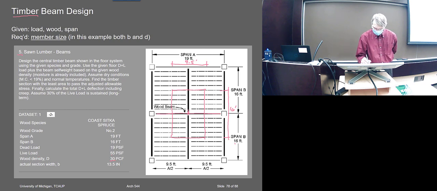Here's a floor live load and dead load, so we got those loads times that tributary area. In the homework problem, it told me to use a width of 13.5. Holy smokes. What?